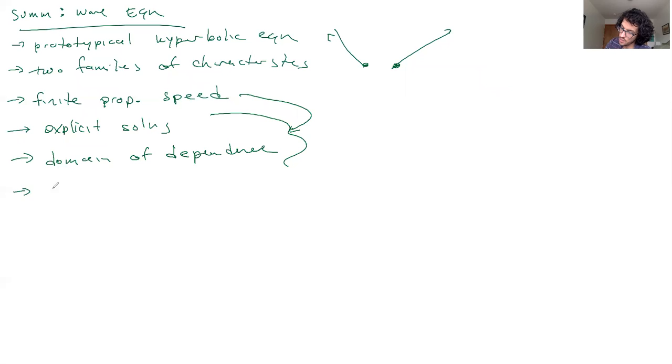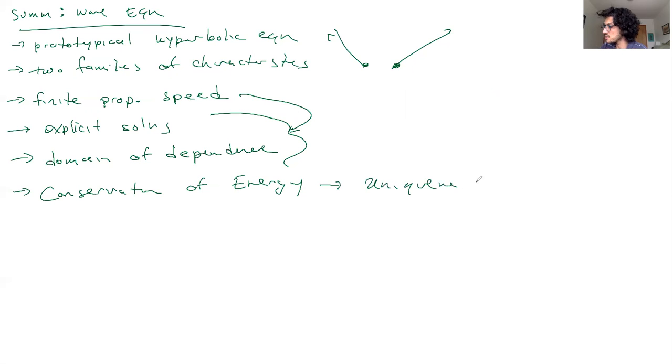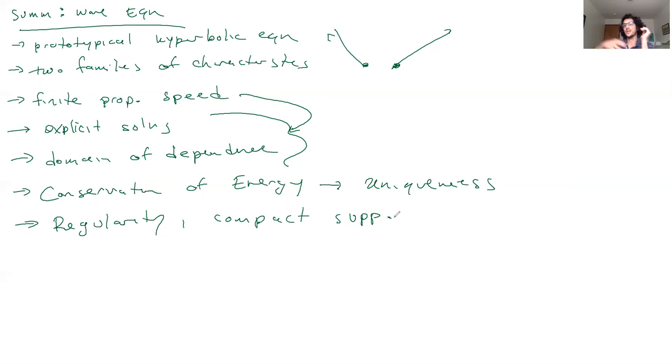We talked about conservation of energy, which essentially allows us to work out some uniqueness results. We've also talked about regularity, and how compact support is translated as you move forward in time.